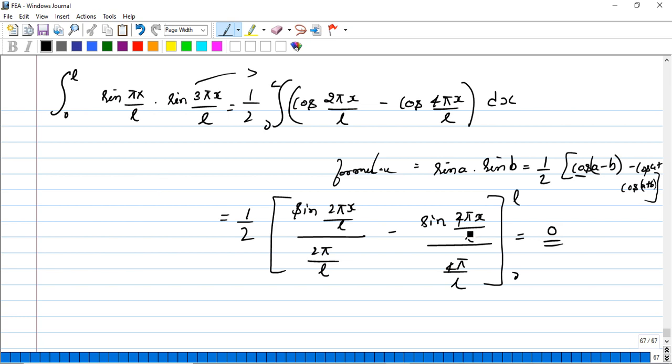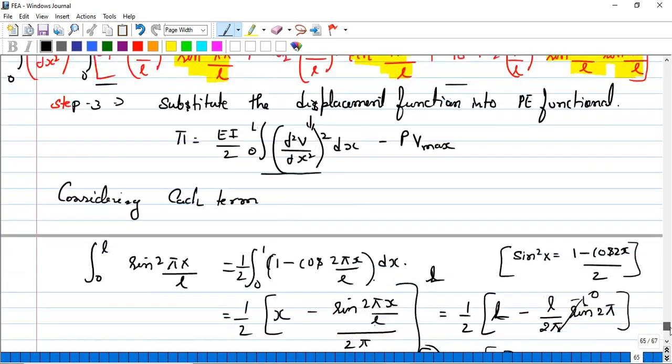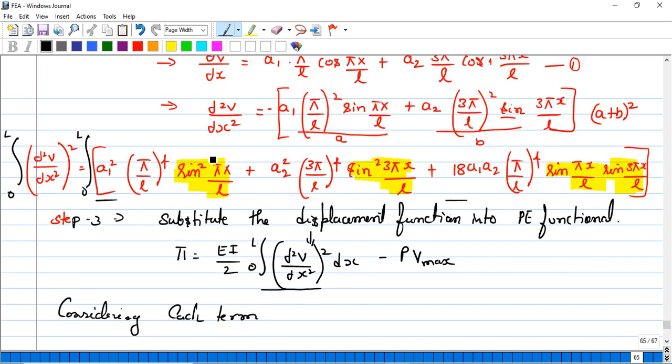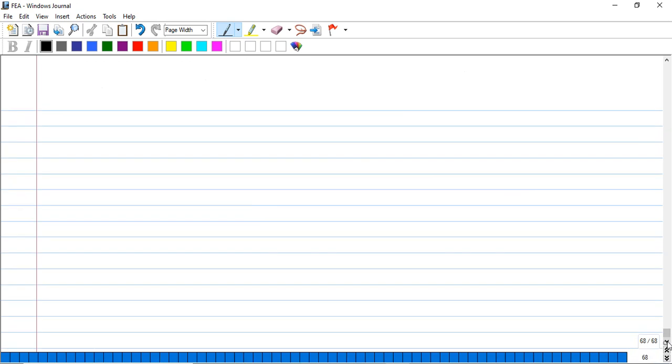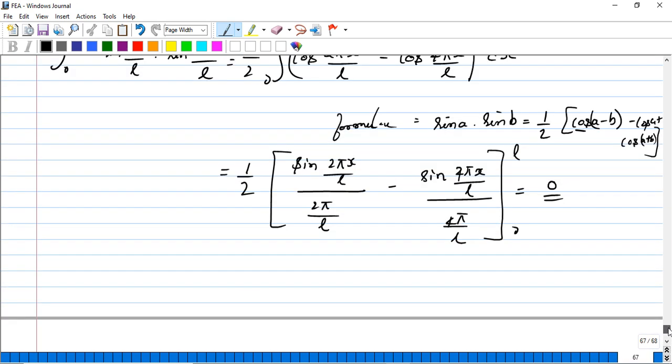So let me substitute these three values over here. I found this particular value as L by 2, this as L by 2, and this particular value as 0. After that, let me substitute all of them.